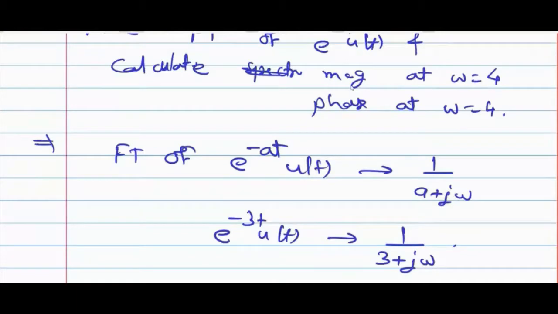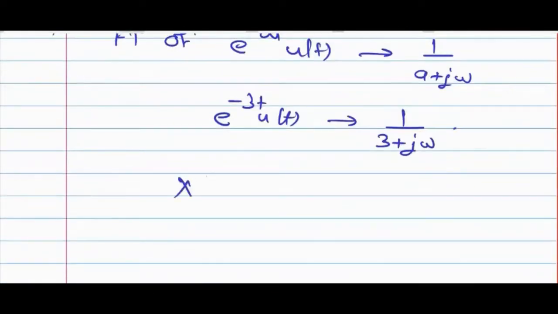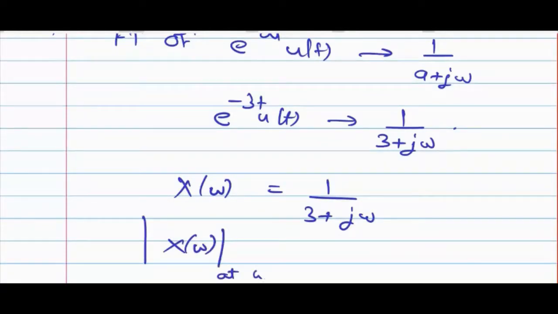Now, we got the first part of our answer. The second part is we have to calculate the magnitude at omega equal to 4. Your X of omega is 1 upon 3 plus j omega. Now we need to calculate the magnitude at omega equal to 4. So what is the magnitude? 1 upon 3 plus 4j.